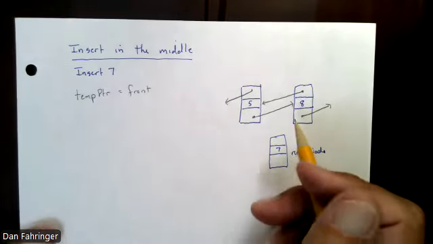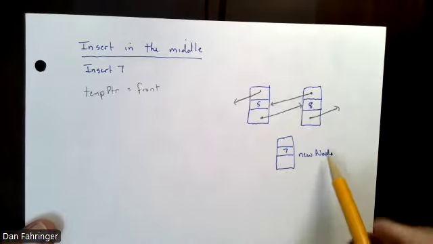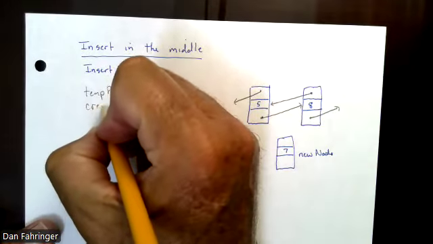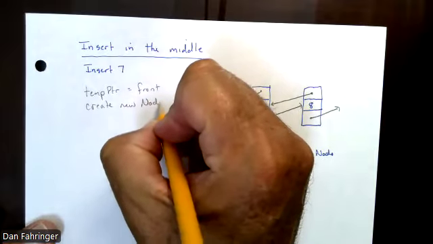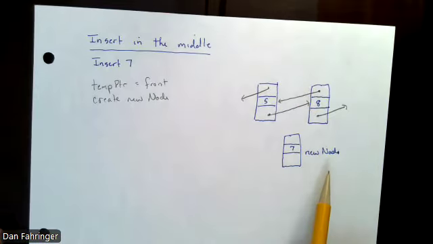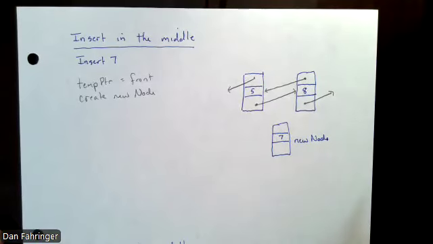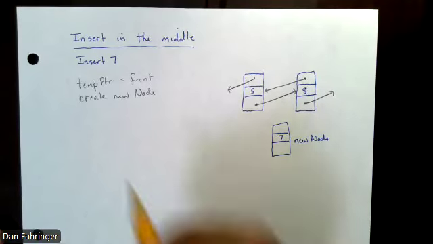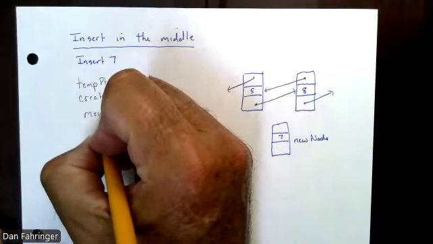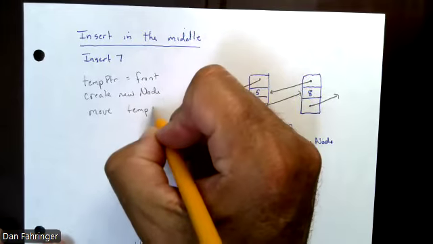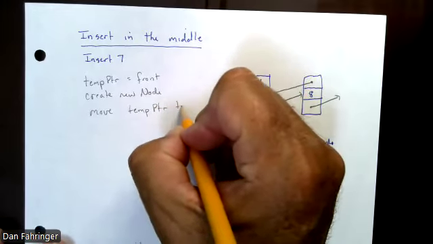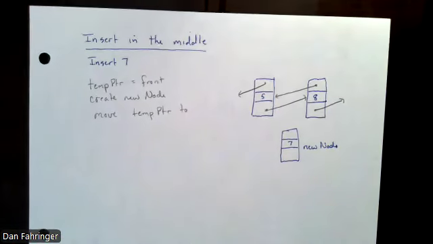All right, so I need to create a new node, because I want to get it in there somehow. We've done this before. We've moved temp pointer to, where would I move it to? Front next.